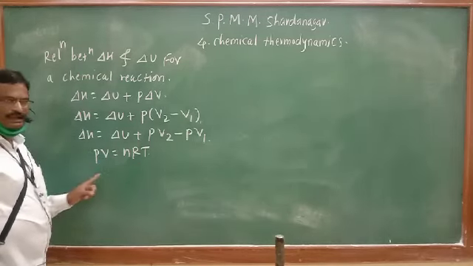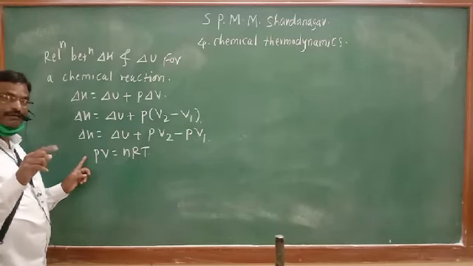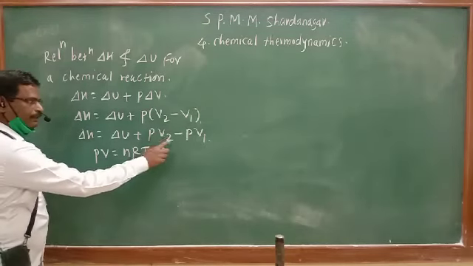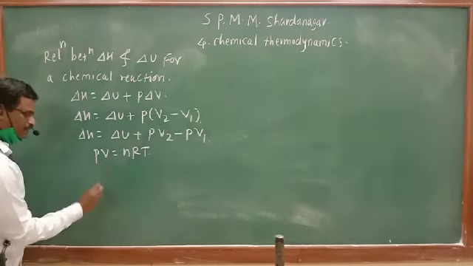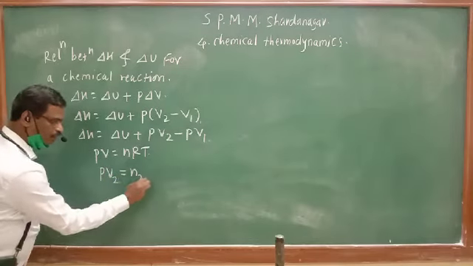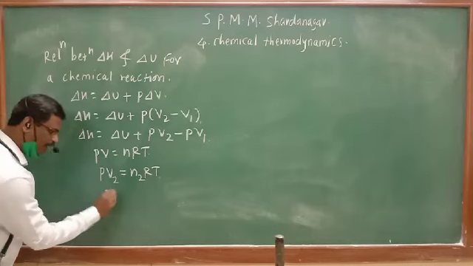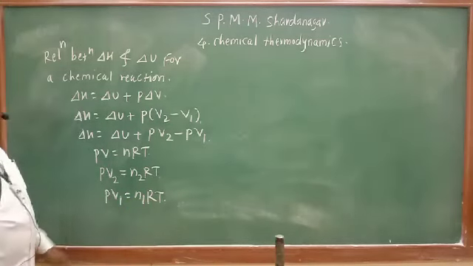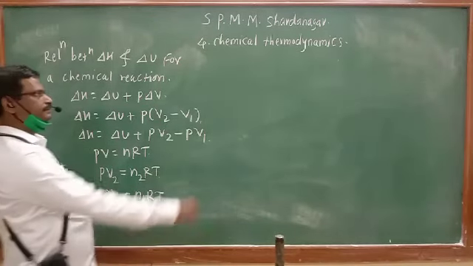This is the ideal gas equation by combining Boyle's law and Charles law. For the final state, PV2 will be equal to n2RT. Similarly, PV1 in the initial state is n1RT. Substituting for PV2 and PV1 from these two equations.